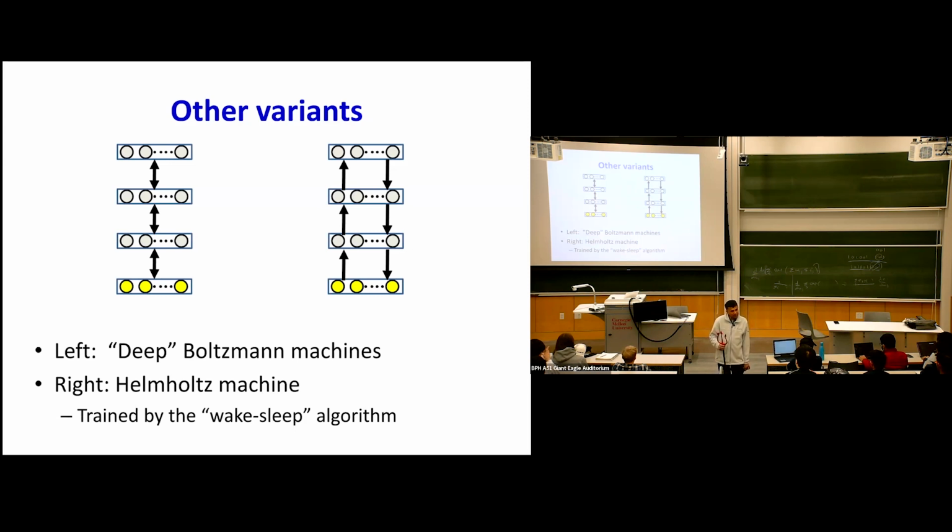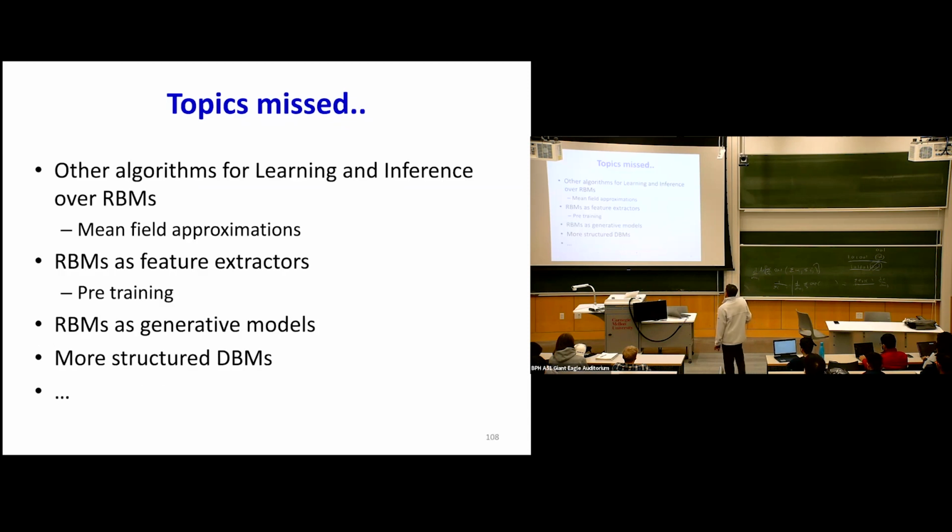All of these are various variants on the basic model itself. There are various other algorithms for learning and inference using these restricted Boltzmann machines or deep Boltzmann machines, which can be used for feature extractors. They can be used for generative models. They can be used to create more structured deep Boltzmann machines and so on. I'll stop here.